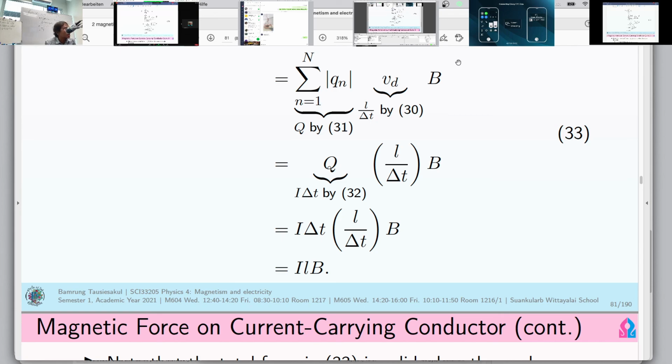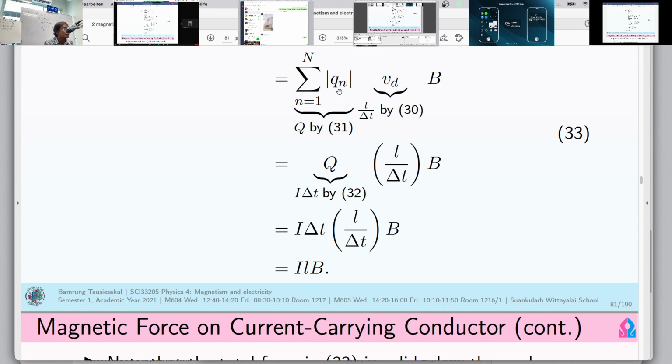B doesn't depend on n because B is uniform for every particle, and Vd is constant for every particle. Every particle moves with the same speed, so they have the same value of drift speed. But each particle has a different value of charge. So only the first term, the summation of Qn, will depend on n.